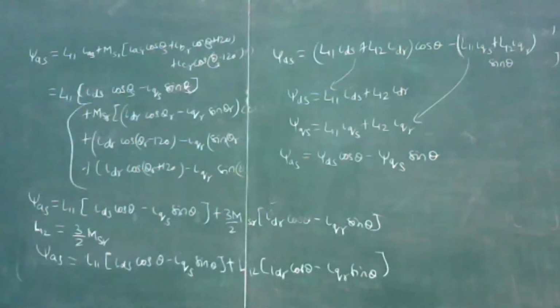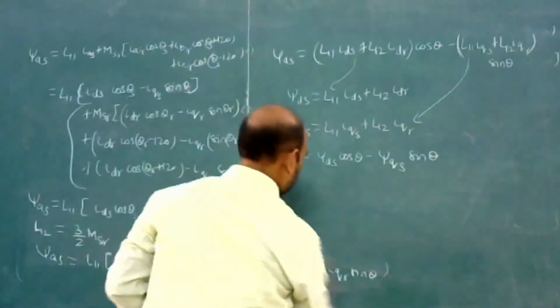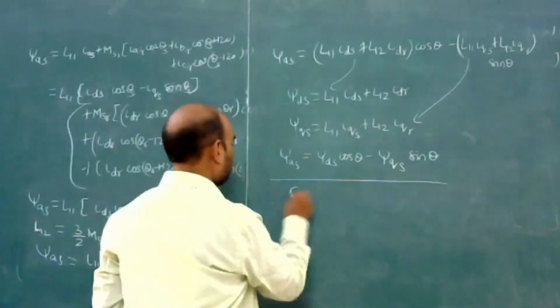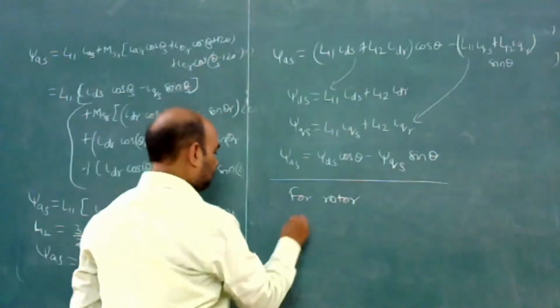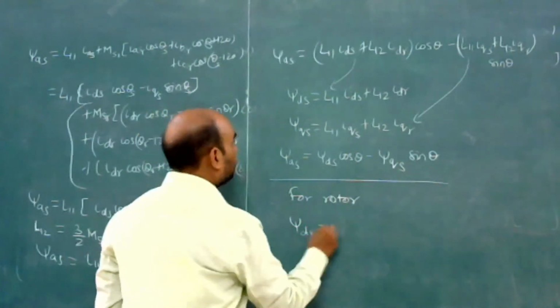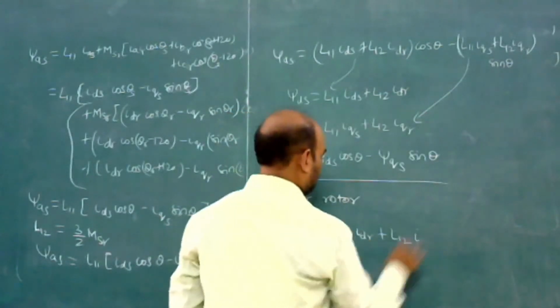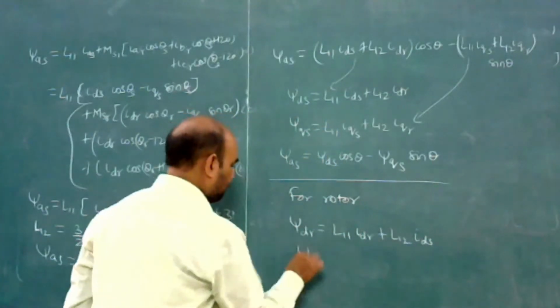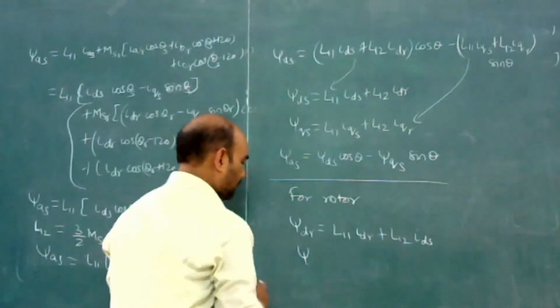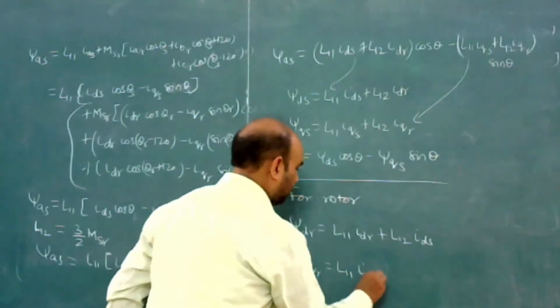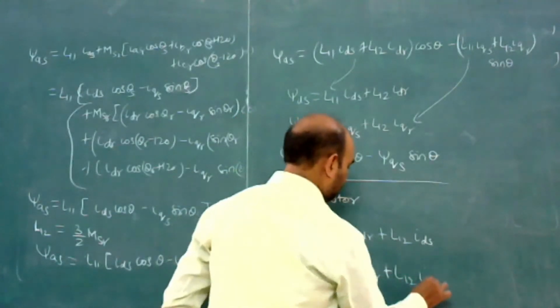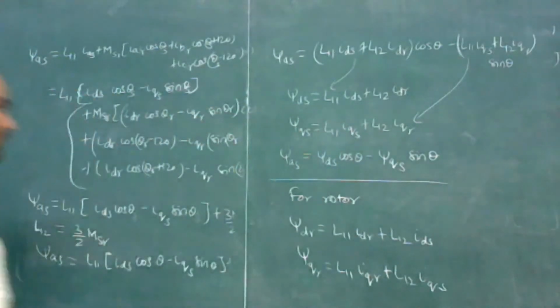Okay. And for the rotor side, so this is for the stator, and for the rotor, similarly we can find psi dr will be equal to L11 IDR plus L12 IDS, and psi qr is L11 IQR plus L12 IQS.